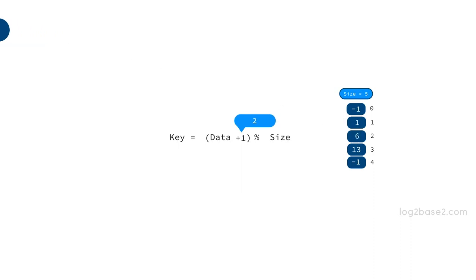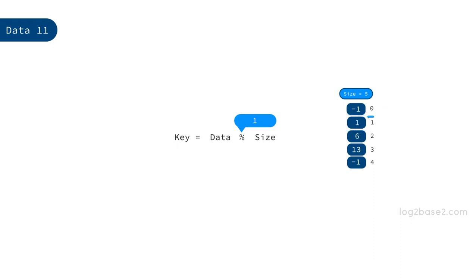So insert 6 at index 2. Now let us insert another data, 11. So apply it in this equation and we will get 11 mod 5 equal to 1. That is, we have to insert data 11 at index 1 of this hash table. But when we check, index 1 is holding the value 1 and not -1, which means it is not available for insertion. So a collision occurred here.